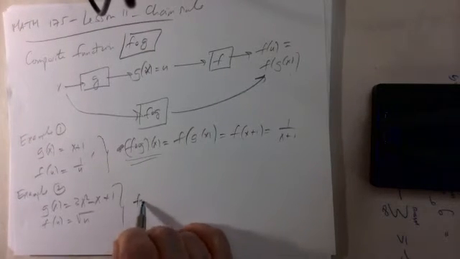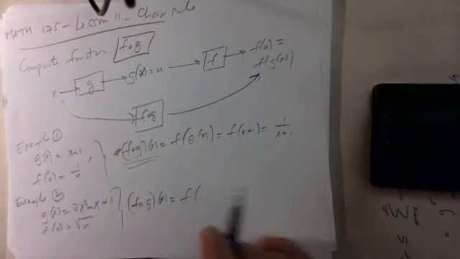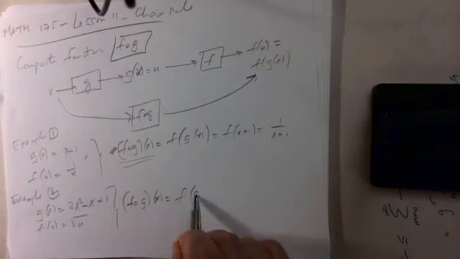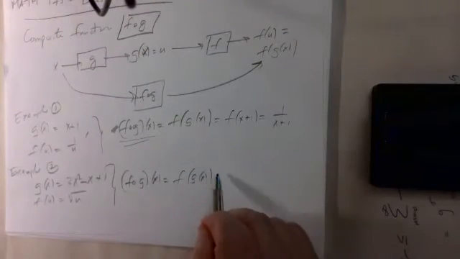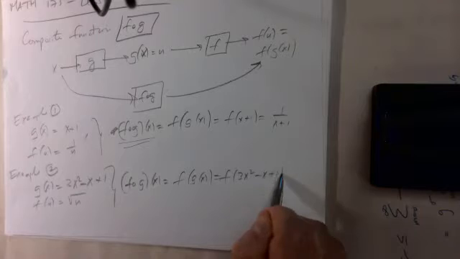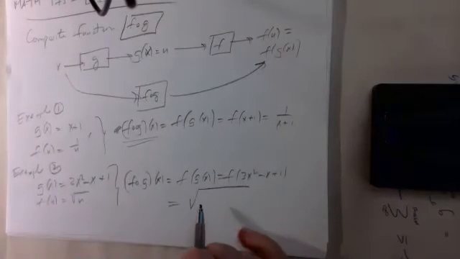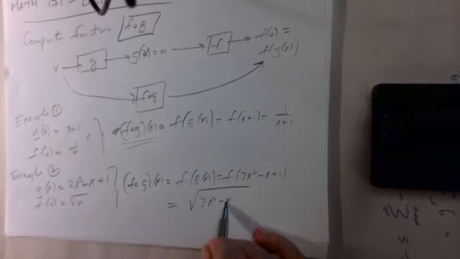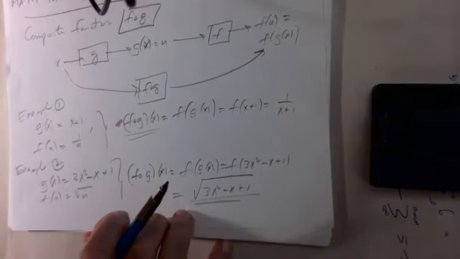So if you compose these, f composed with g of x, this is f of g of x. What is g of x? 3x squared minus x plus 1. What is f of anything? The square root. So we can view this as a composite function.